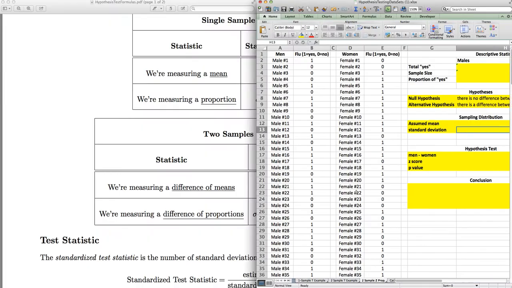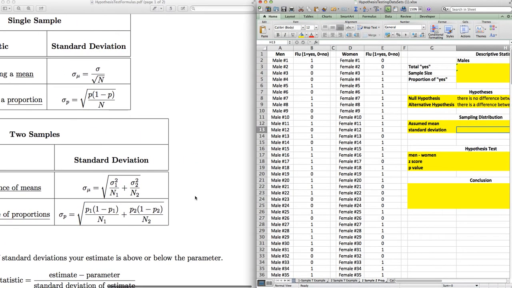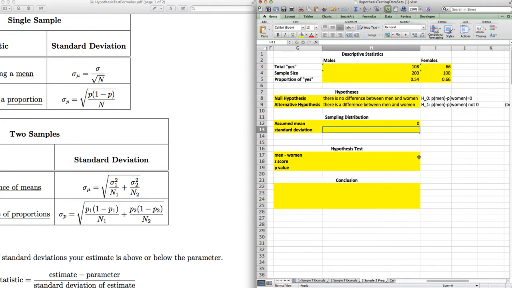So here we go. This is equal to the square root of, and I've got to be super careful about parentheses, first proportion times parentheses 1 minus first proportion over first sample size plus second proportion times parentheses 1 minus second proportion over that sample size, and end my parentheses for the square root.